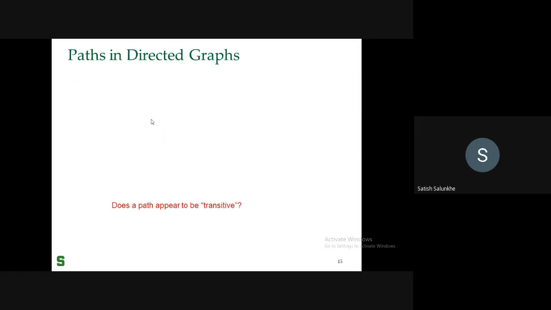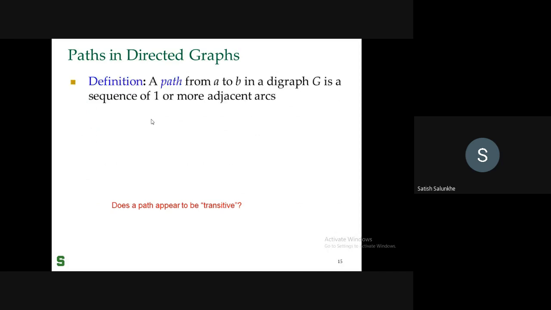So for that, let us try to understand a concept called path. We have already seen what a diagram is. A relation R can be shown in terms of a graph, where elements belonging to the set are represented as nodes or vertices, and an edge connecting one node to another is a path, or I can say there is an association from A to B. So what is a path in a directed graph?